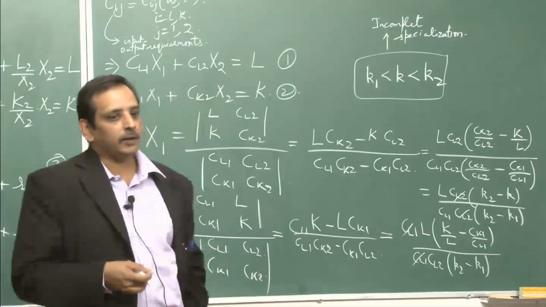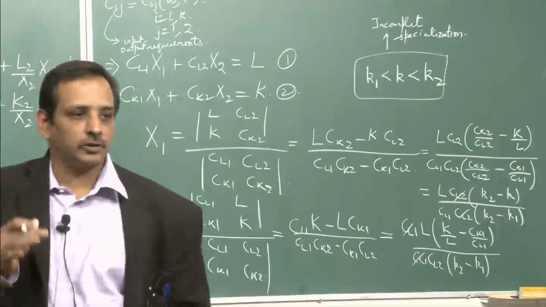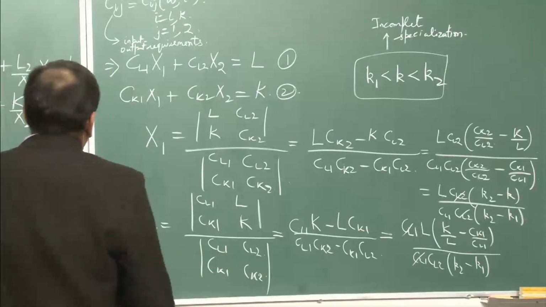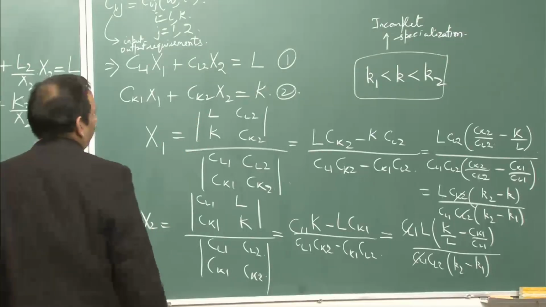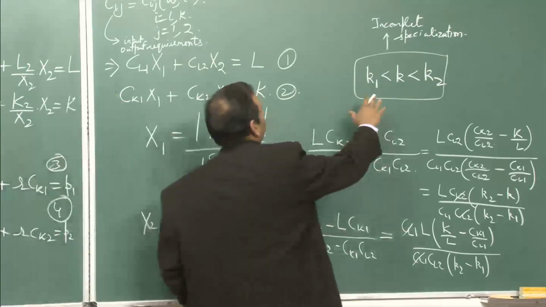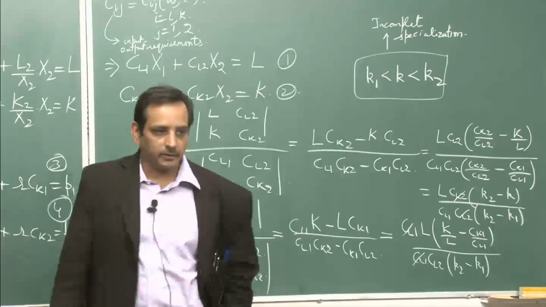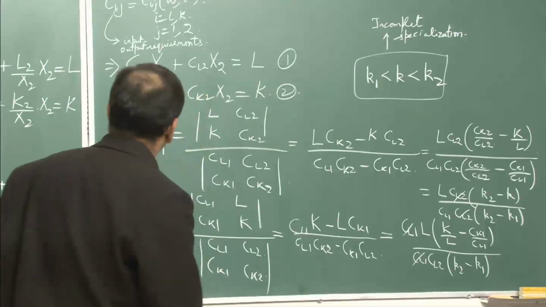We are assuming that in this economy there is production of both goods. And the overall capital labor ratio lies from k1 to k2, where k1 and k2 are the capital intensities in good 1 and good 2.